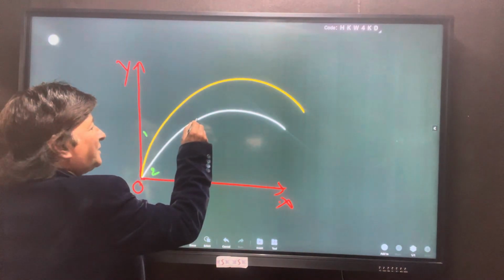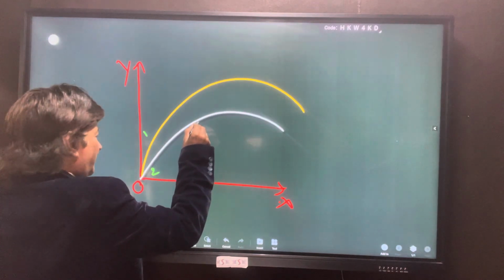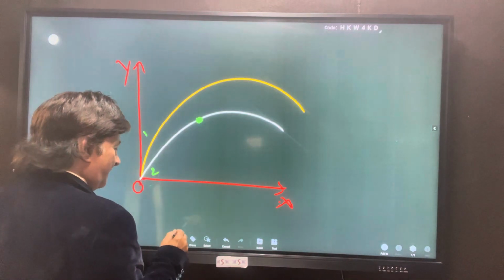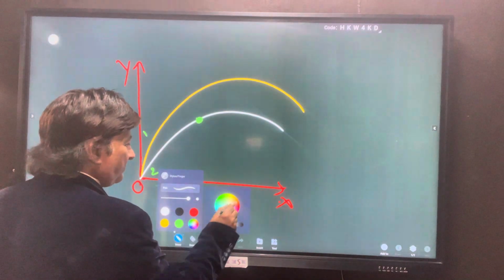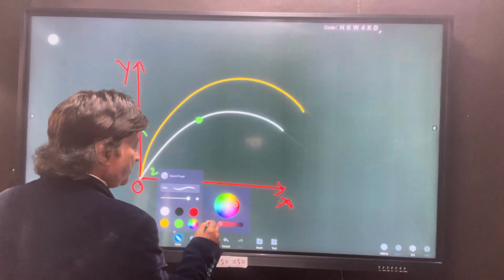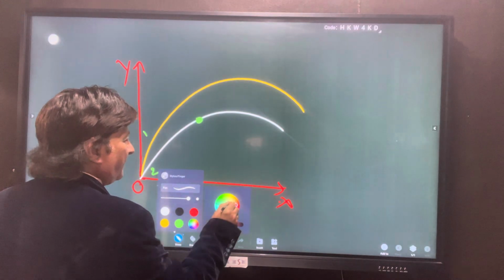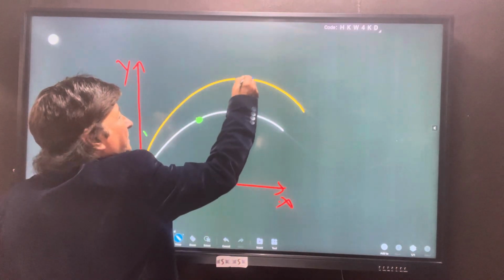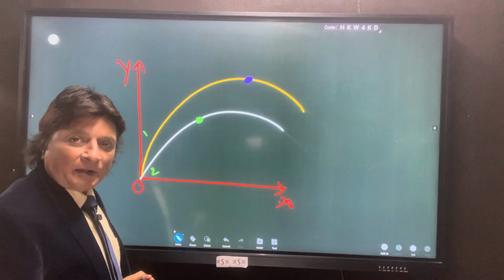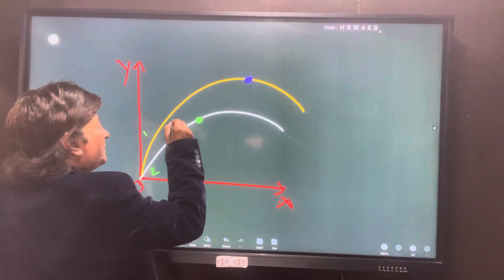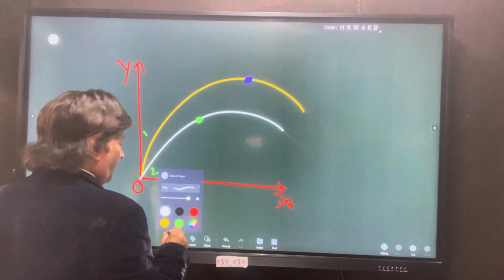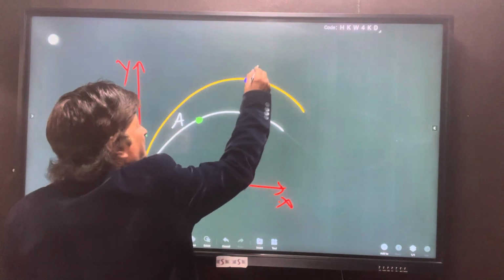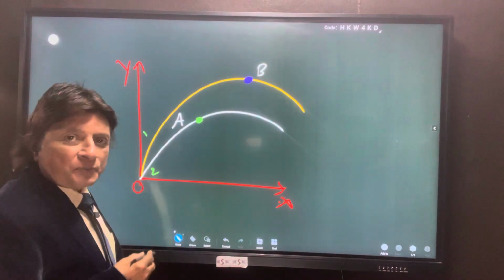Suppose one observer is here, and the second observer is here. This is position A of the first observer, and this is position B of the second observer.